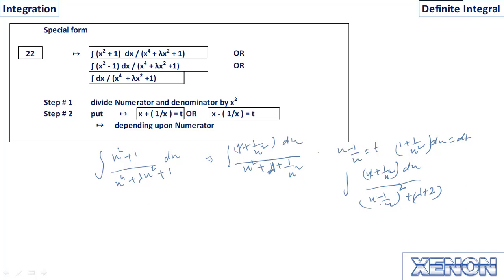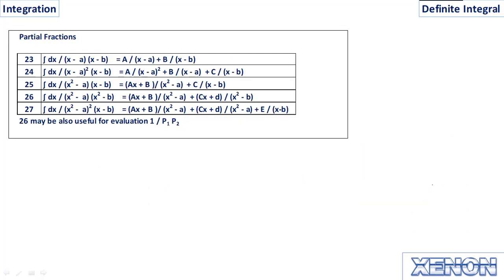So here we will put (x minus 1)/x equals t, then we will get the form dt upon t² plus lambda upon 2, and we will very easily evaluate the integration, right?